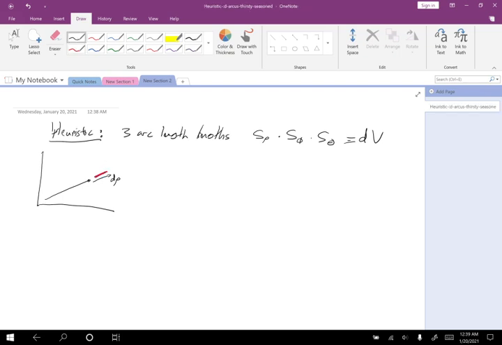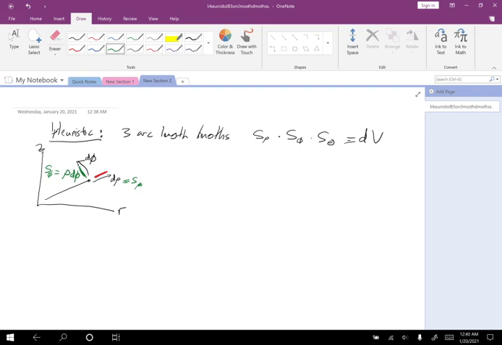Now let's write this in the ZR plane first. If we change it by phi, then this arc length is rho d phi. So our arc length from the spherical change is rho d phi, and our arc length from the rho change is just d rho.